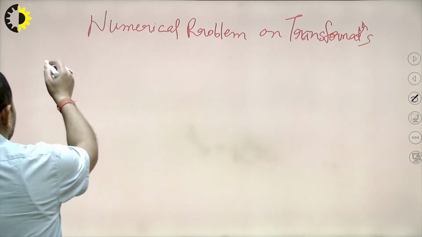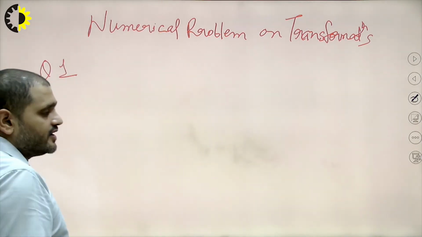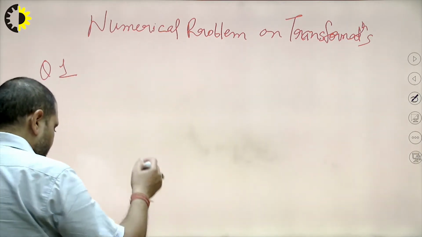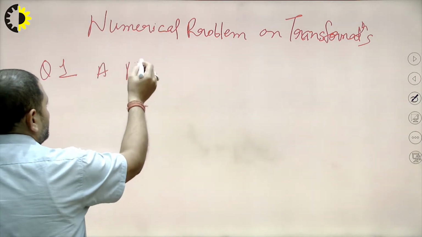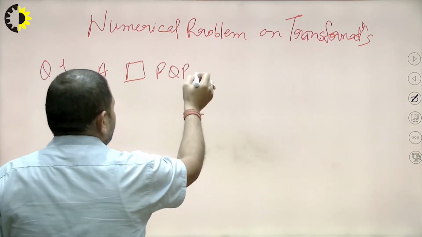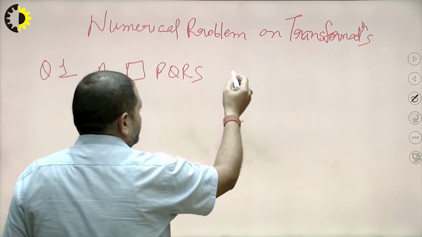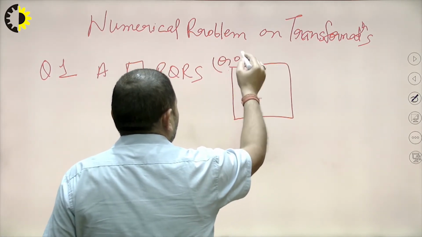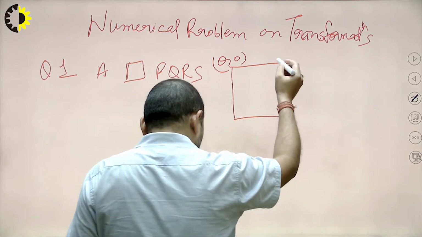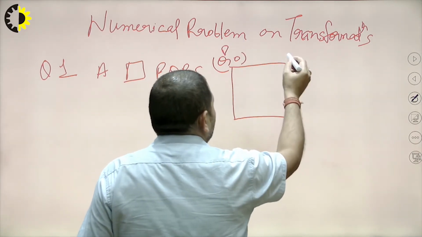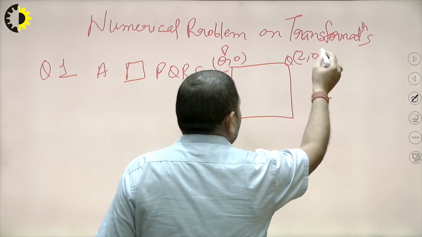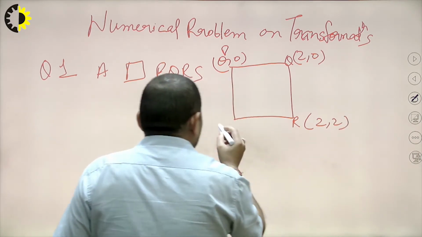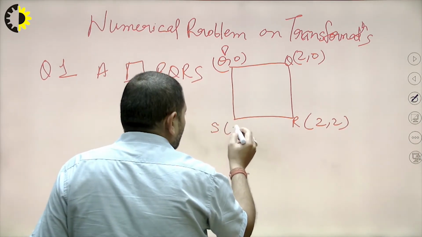Question number 1, we have to transform a square. The square PQRS has coordinates P is 0, 0, Q is 2, 0, R is 2, 2 and S is 0, 2.